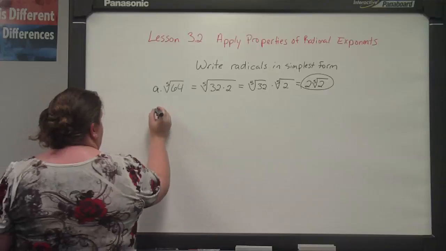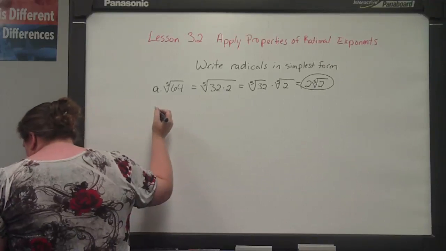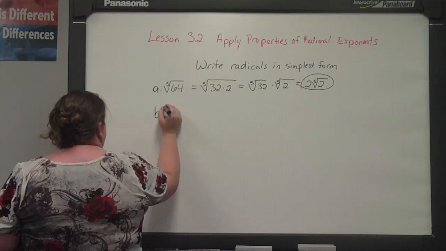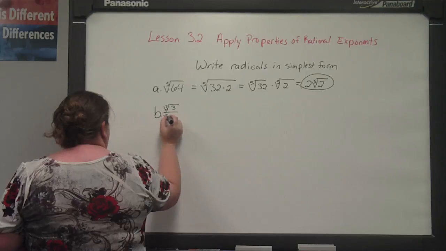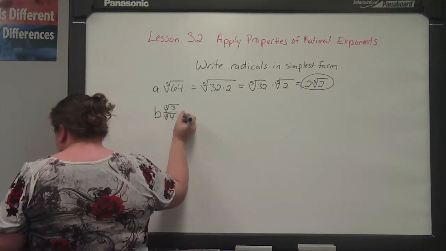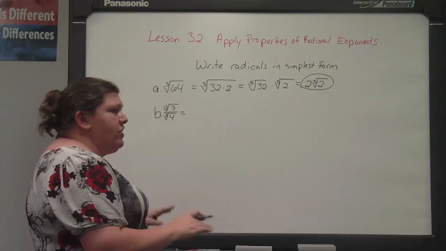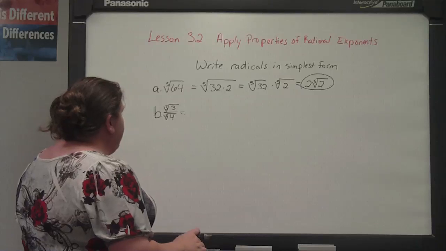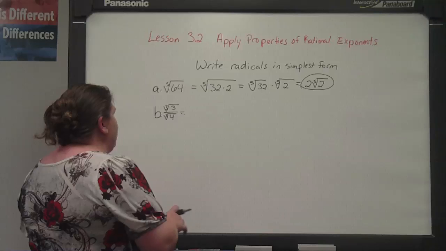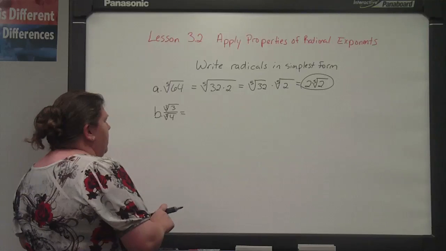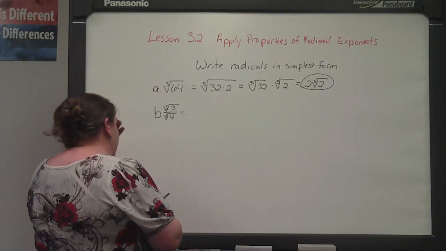So the second one we want to look at is the cube root of 3 over the cube root of 4. Now, because remember, we don't want radicals in the denominator, we have to rationalize that. So what we have to do is decide what we can multiply the bottom by that will make it a perfect cube.